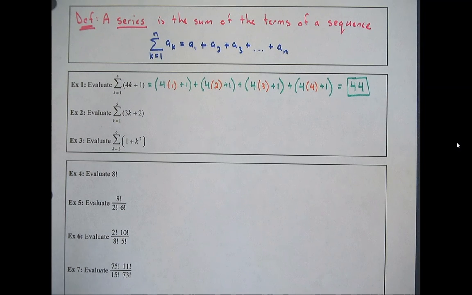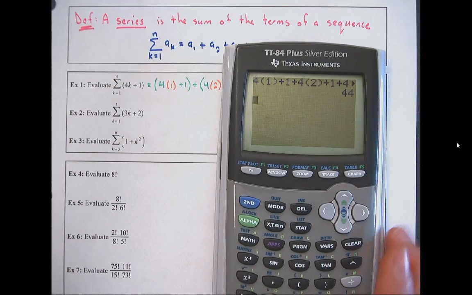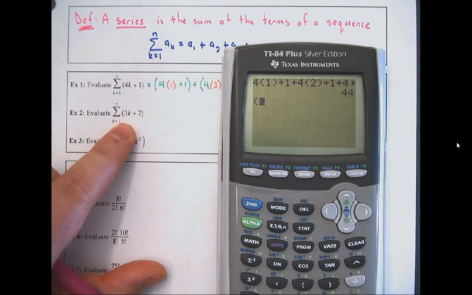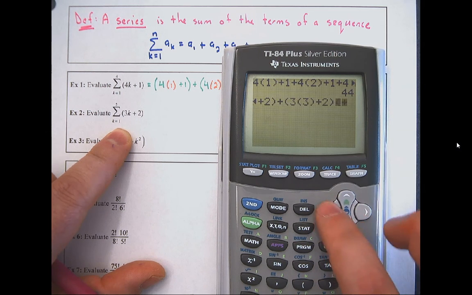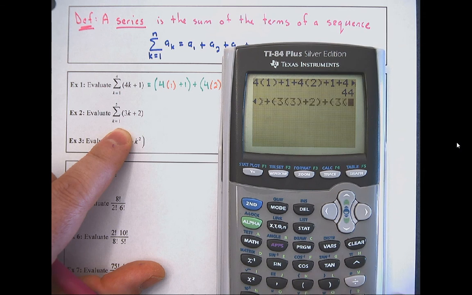Now that you got the idea, let's have you try the next two. I think I'm just going to do it on the calculator. So what would I calculate first? I would have 3 times 1 plus 2, plus 3 times 2 plus 2, plus 3 times 3 plus 2, plus 3 times 4 plus 2, plus 3 times 5 plus 2.